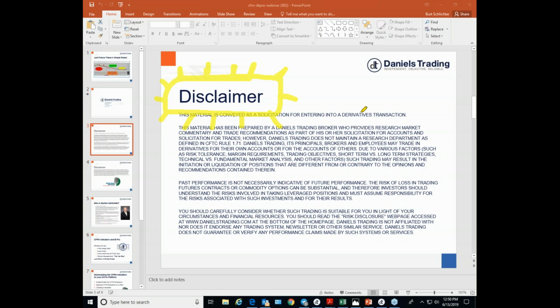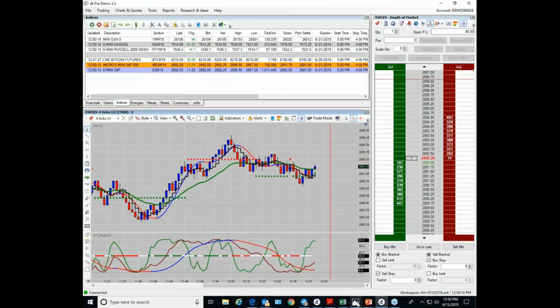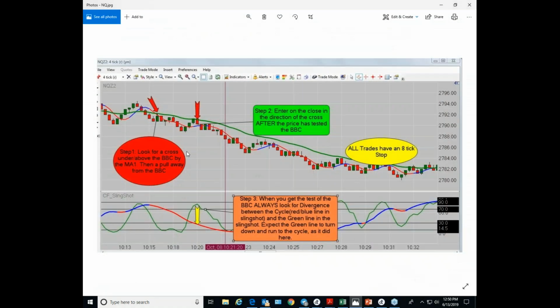The good thing is, if you decide to go down the CFRN path, and what we're going to comb over this afternoon, you have a trading plan. There are basically 4 rules. Every trade has an 8-tick stop loss attached to it, and you're going to be on a 4-tick range.